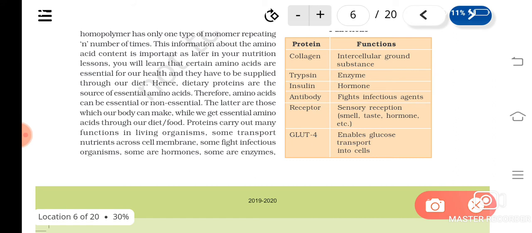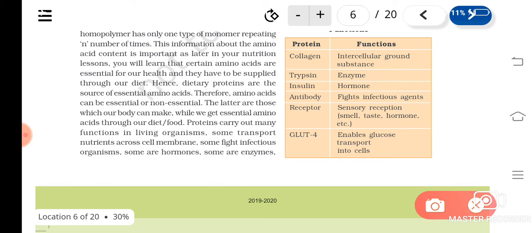So what are the functions of proteins in our body? We learned that in the plasma membrane there are integral proteins and peripheral proteins, and they act in the transport of materials across the cell membrane. Some fight infectious organisms, the antibodies you would have heard of.